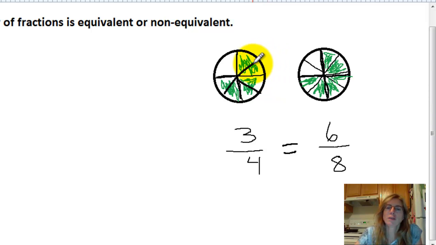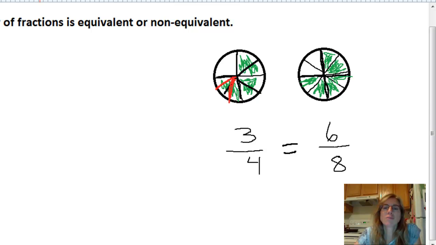If you were to cut one of these pieces into thirds and these pieces in half, these pieces over here are going to not be the same size. So it's always having to cut each piece by the same amount.